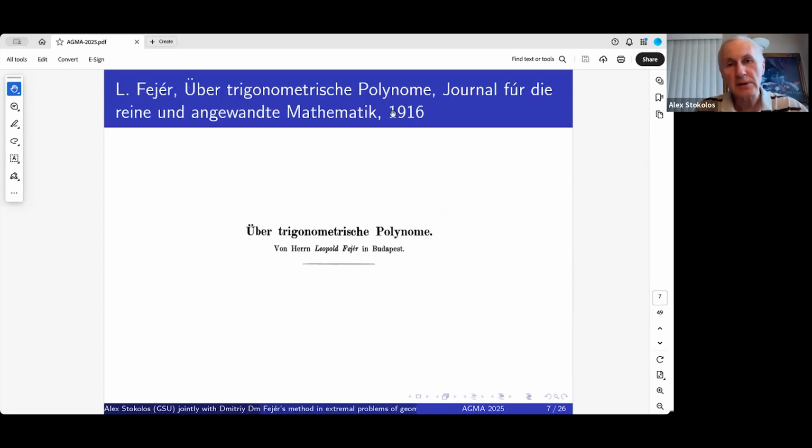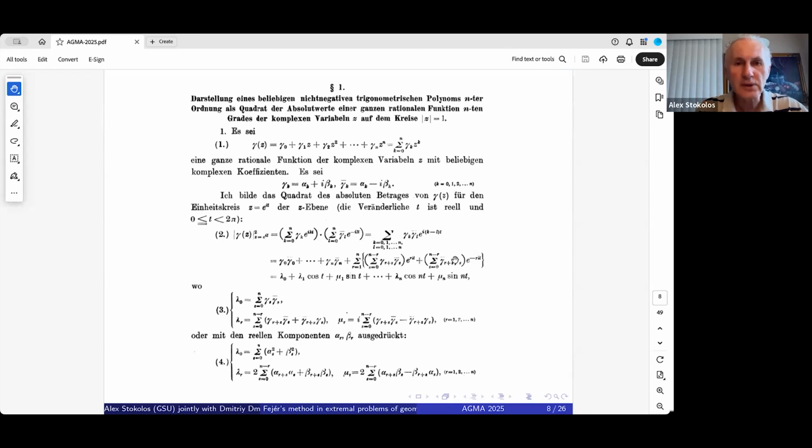In the same year, actually even half a year earlier, another paper was published, also very influential for mathematics. It's a paper by Fejér, and this is the first page. In this paper, Fejér introduces a very powerful idea, which is now called Fejér's representation of non-negative trigonometric polynomials.